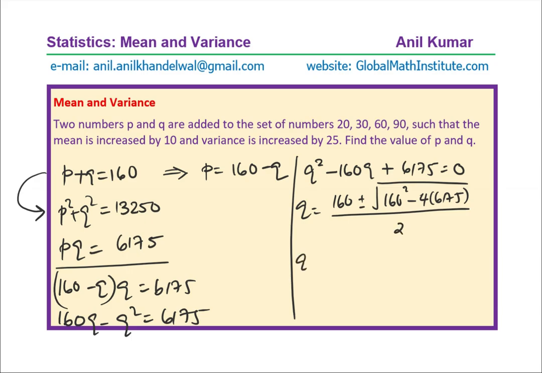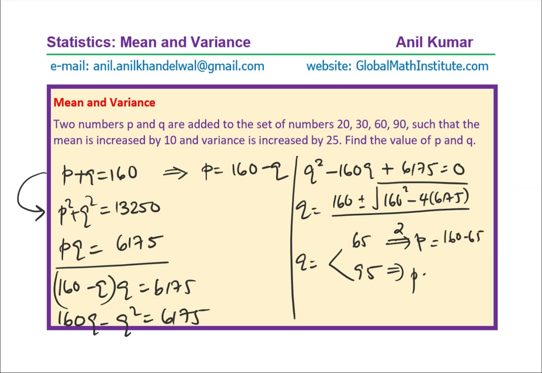And that gives you two values of q. So if you calculate this using the calculator, you'll find the two values as 65 and 95. You get the idea. So these are the two values of q. And from these two values, you can find the respective value for p. So p will give us what? p is the difference between 160 and q. So 160 minus 65.